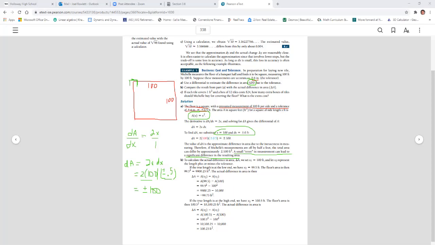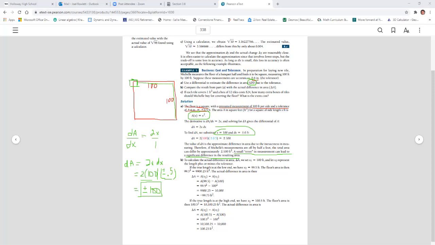So she estimated about 100 by 100 feet. And if we gave her 1/2 of a foot in either direction, if we gave her that tolerance level, then the difference in the area could actually be 100 square feet either way.